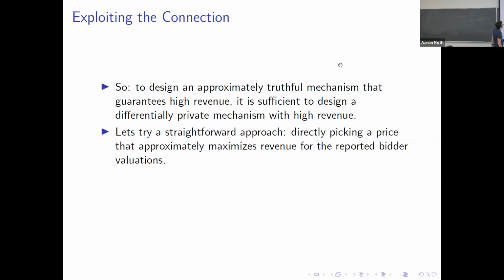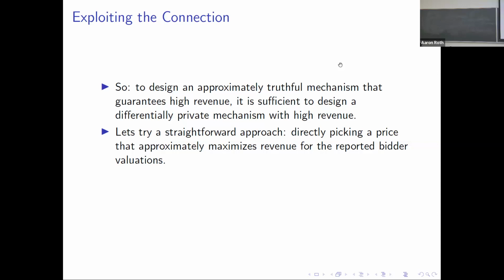And so the thing that I really want to do is a little bit different. Rather than computing the revenue maximizing price and adding noise to that, what I implicitly want to do is, for each price, compute the revenue I would have made had I charged that price.